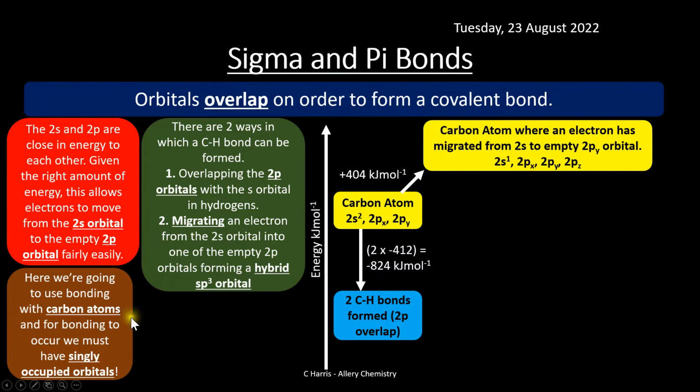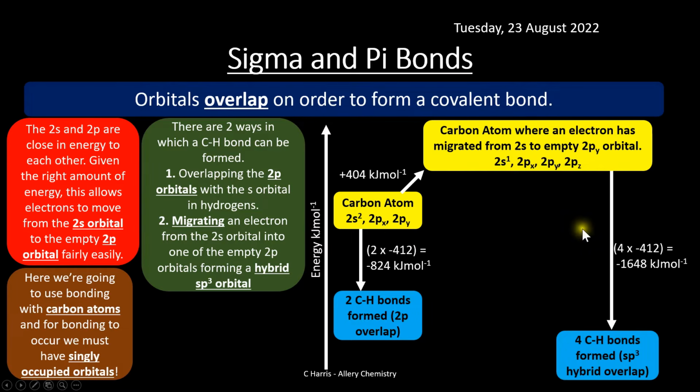Now remember, for bonding to occur, we must have singly occupied orbitals. In this arrangement we have 4 singly occupied orbitals, which means we can form 4 bonds instead of 2. When you form a bond, energy is released, and the energy for these bonds is 4 times 412, which expels minus 1,648 kilojoules per mole.